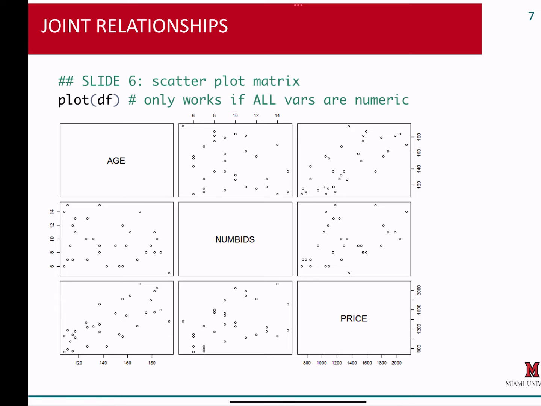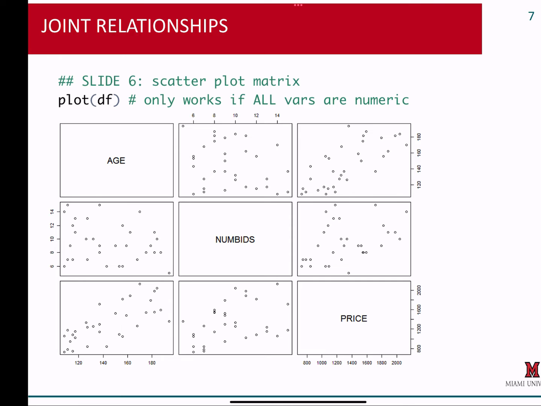So for example, you can see that there is a relationship between the price of the clock, which is the y variable, and the age of the clock, which is one predictor. And this can be found exactly on the lower left part of the graph. You can find also the relationships between number of bidders and price, and also the relationship between age and number of bidders.